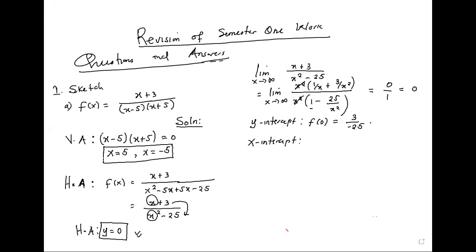So for the x-intercept, we equate the numerator x plus 3 to 0. So we get x is equal to negative 3. Then this is a case where we're looking for the x-intercept, and we're supposed to equate the whole function to the horizontal asymptote because the numerator has an x variable.